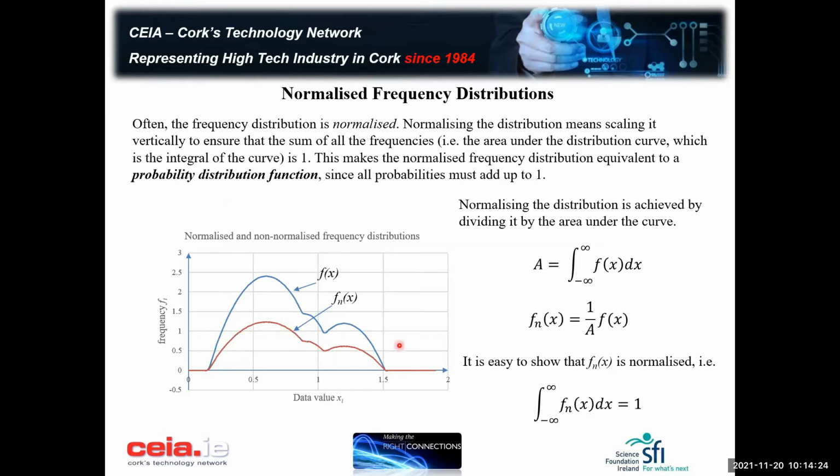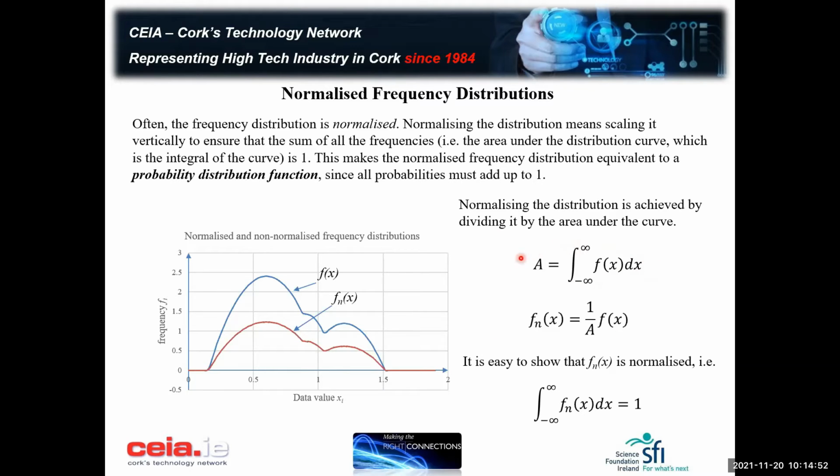The way to do that is to work out the area under the curve of your original distribution and divide every y dimension by that area. Then you end up with a curve that's scaled vertically, in this case downwards, in such a way that the area under that curve is 1.